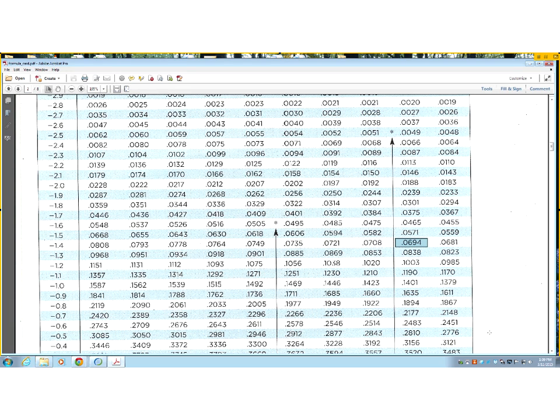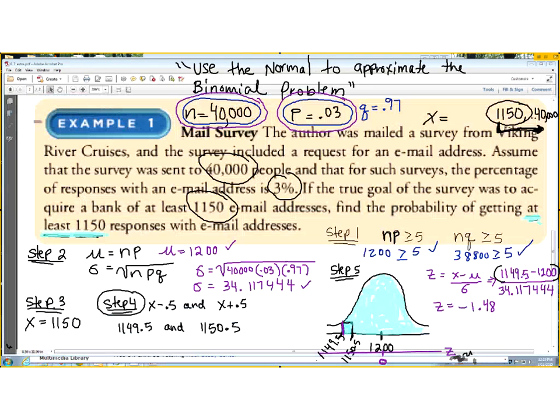You have to make an adjustment if you wanted the area to the right. So 0.0694 is what we have. Let's put that where it belongs. That is this area, 0.0694, and that's not what we want.